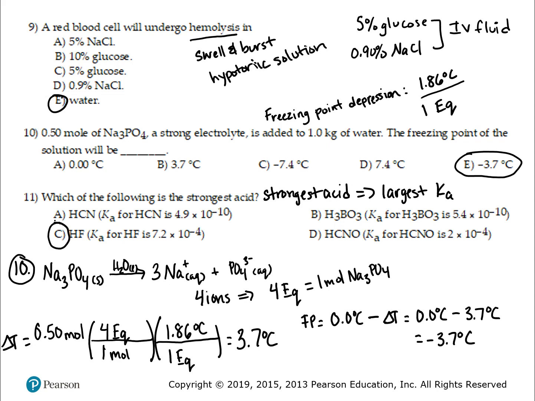C has the biggest value, so it is the strongest acid out of the 4 options. But they're all weak. It's the strongest of the weak acids. The flip side of that concept is the weakest acid has the smallest Ka.